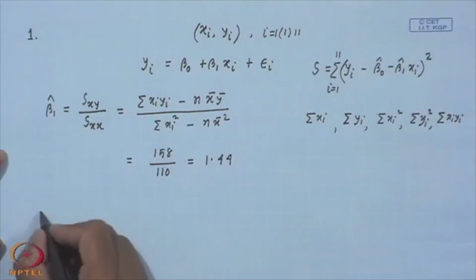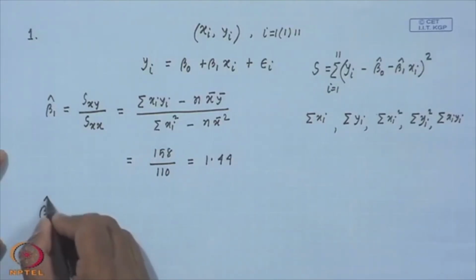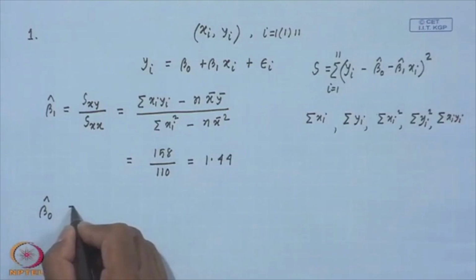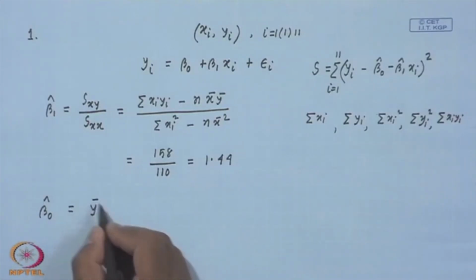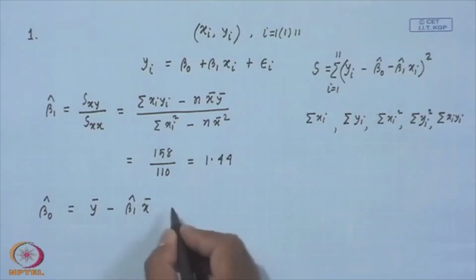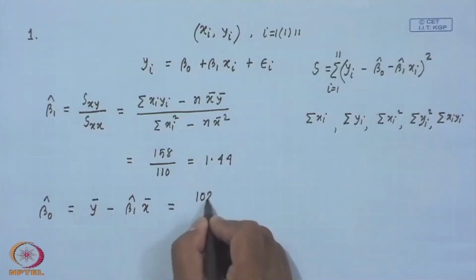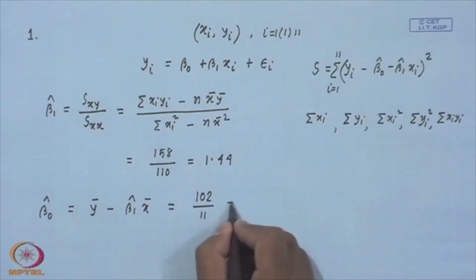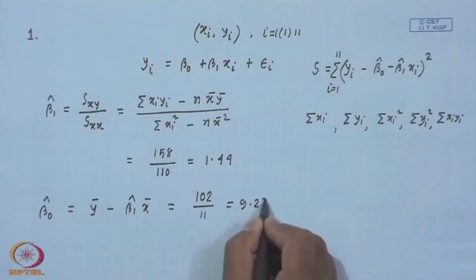Okay. And beta naught hat is equal to y bar minus beta 1 hat x bar, and you can check that this one is 102 by 11, that is 9.27.